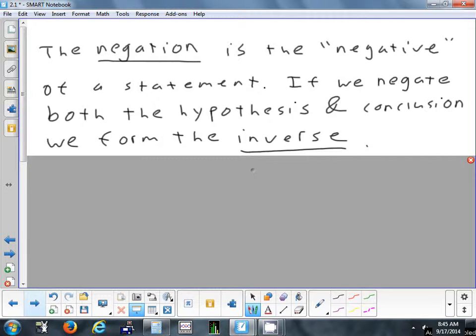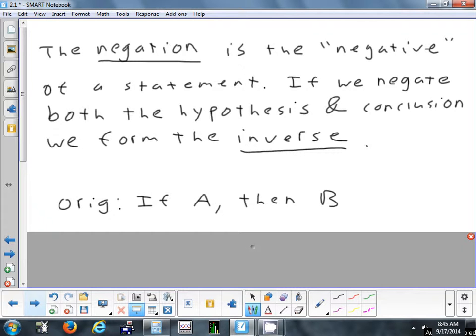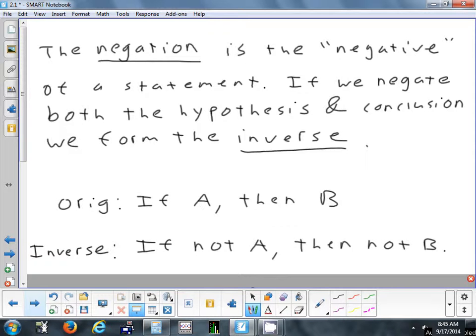Basically, change it from being a positive statement to a negative statement. So if my original statement was, if A, then B, the inverse, I'm going to put the word not in the hypothesis and in the conclusion. If not A, then not B.